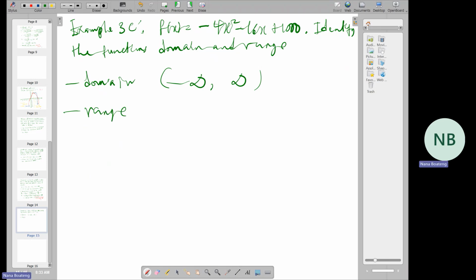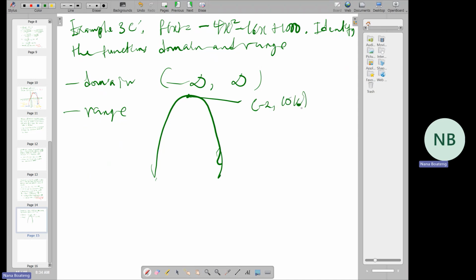And its range, since this is a maximum curve, it's a curve that opens downward, and the vertex point here we found to be negative 2 and 1016.